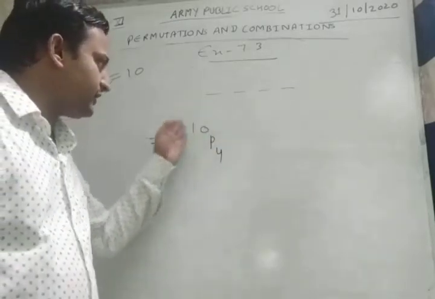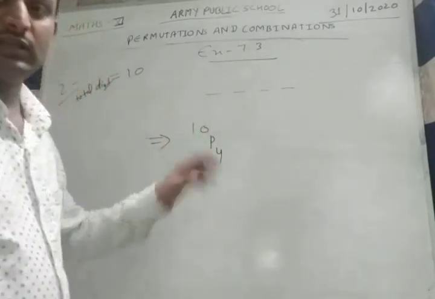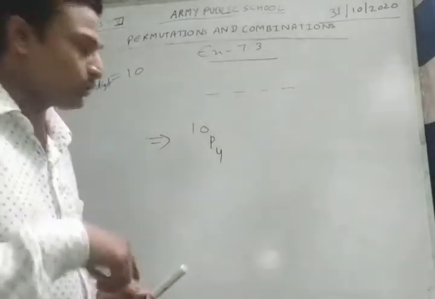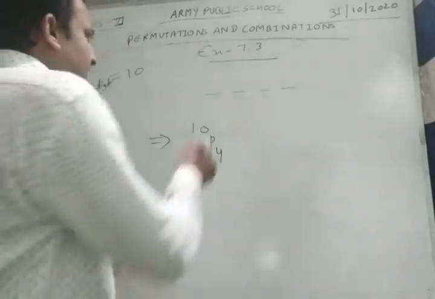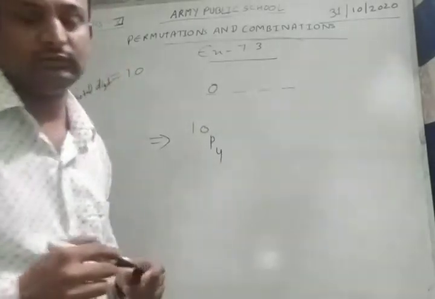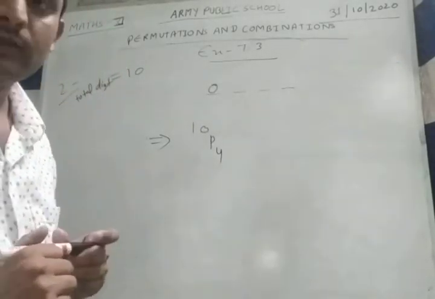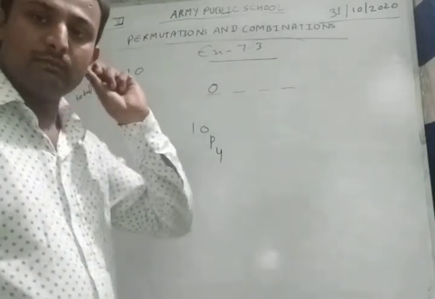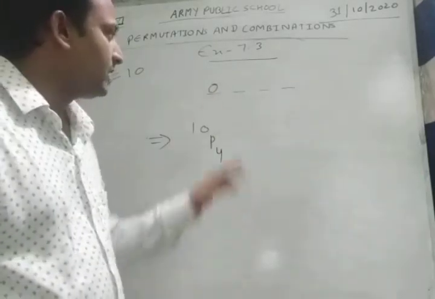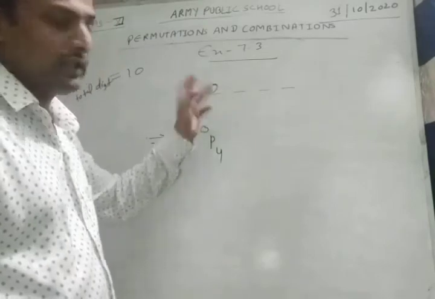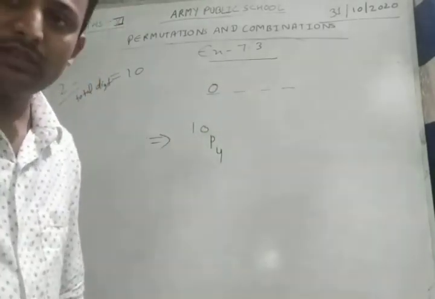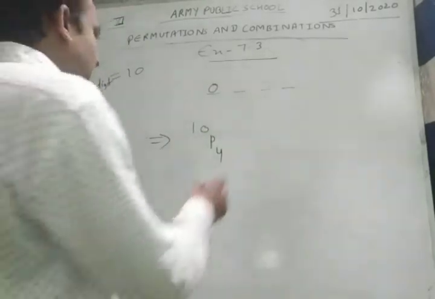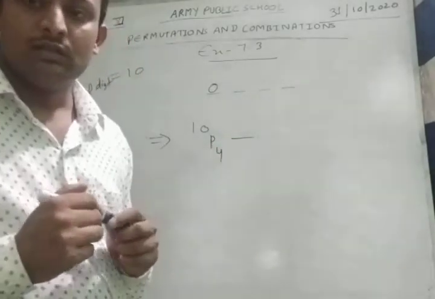But in this permutation, those numbers are also involved which start from 0, and these are not 4-digit numbers. If we write 0 at the first place, then those are not 4-digit numbers. So we will subtract those numbers from this.